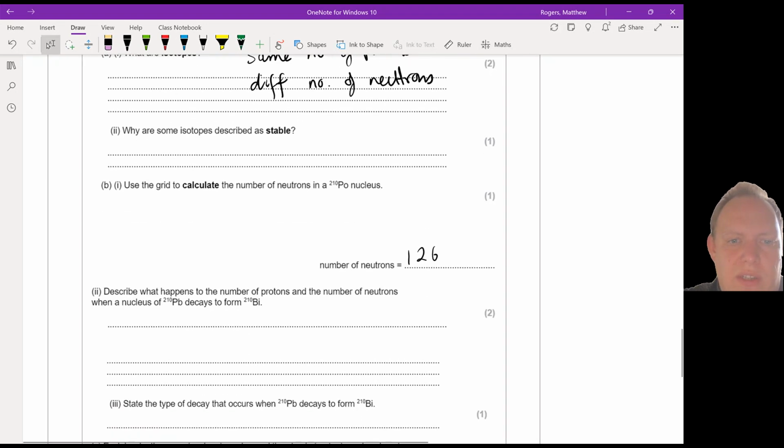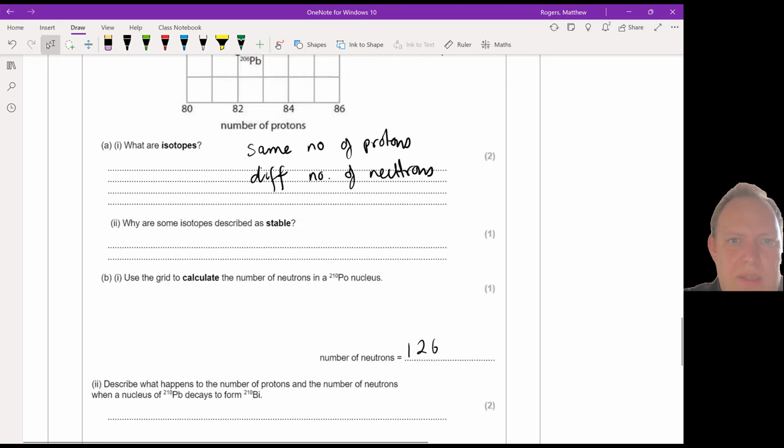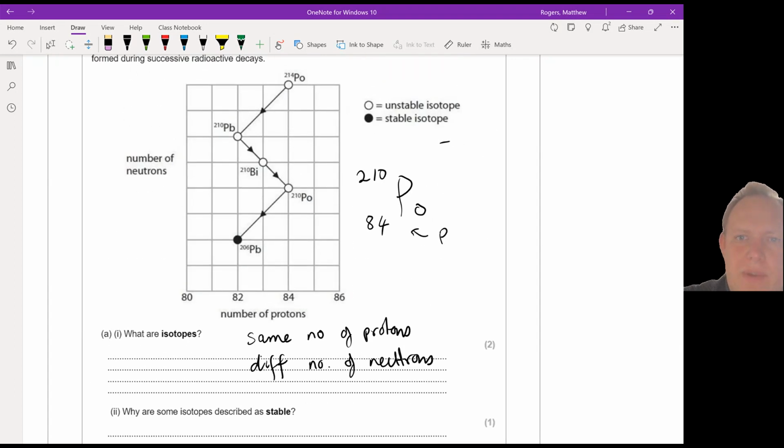Describe what happens to the number of protons and the number of neutrons when a nucleus of lead-210 decays to form bismuth-210. Let's ignore the polonium now because it's not relevant. So we're looking at this section here, going from lead-210 to bismuth-210.